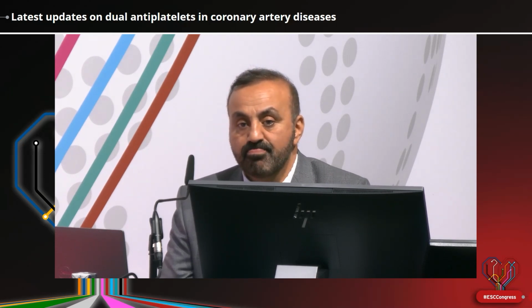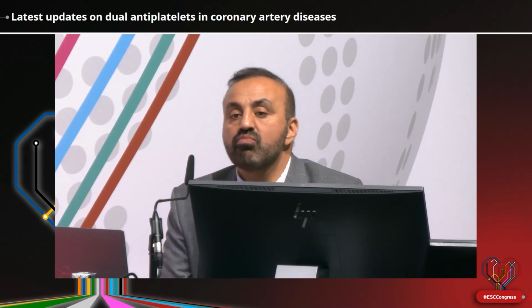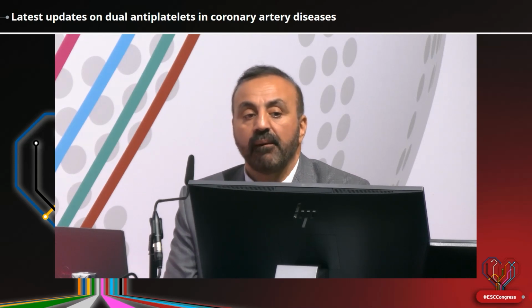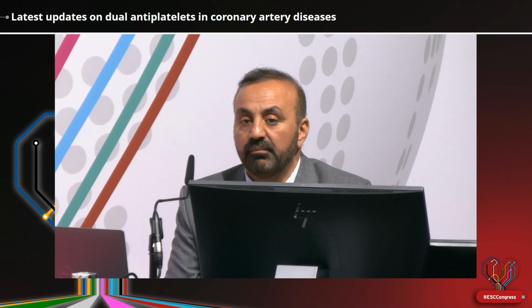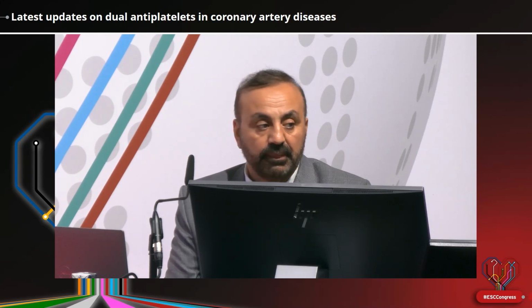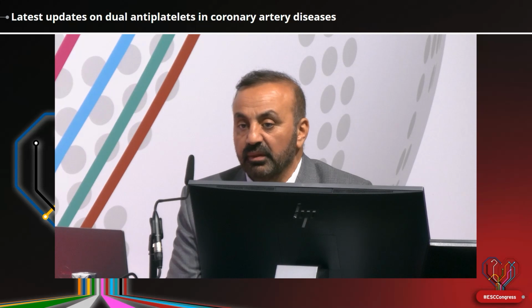My question would be, the usual scenario which we are facing, that is the patients who are referred, who are presenting to a non-PCI center where they are thrombolized and they are referred for pharmacoinvasive therapy to a PCI capable center.